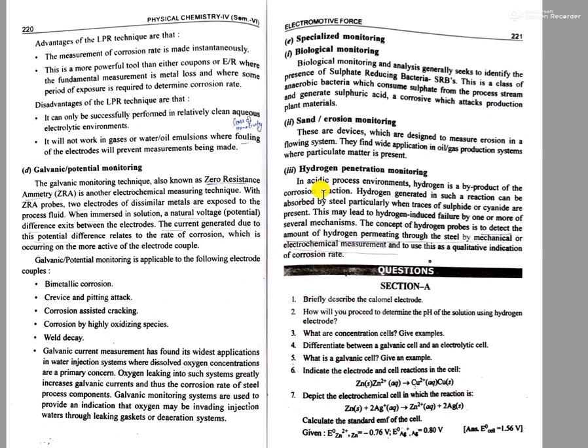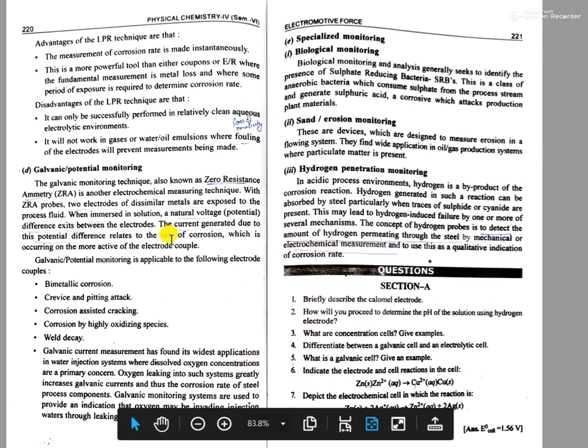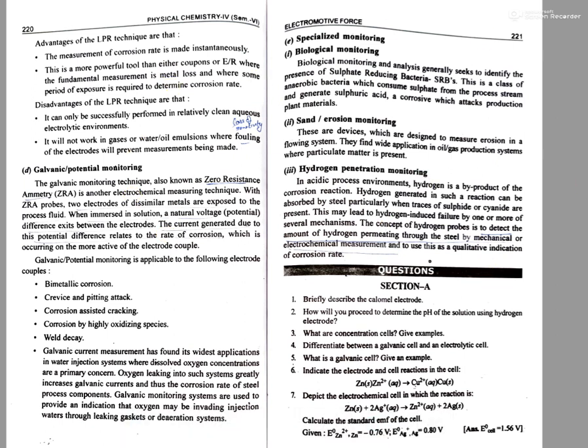The concept of the hydrogen probe is to detect the amount of hydrogen permeating through the steel by mechanical or electrochemical measurements, and to use this as a qualitative indication of corrosion rate. So these are the different corrosion monitoring techniques, and this is the last section of this unit. Thank you.